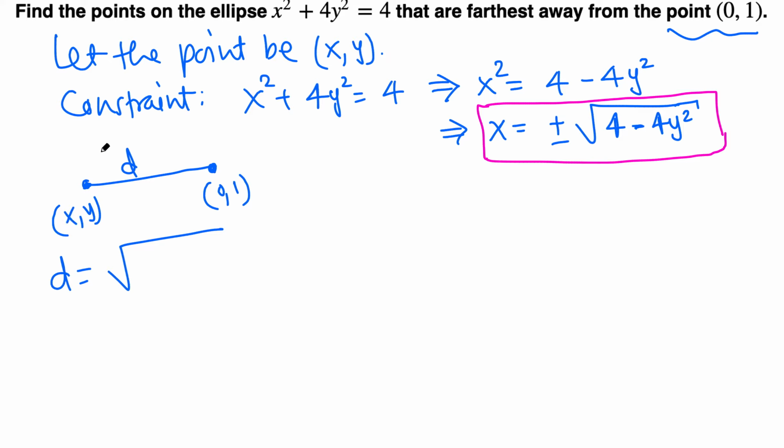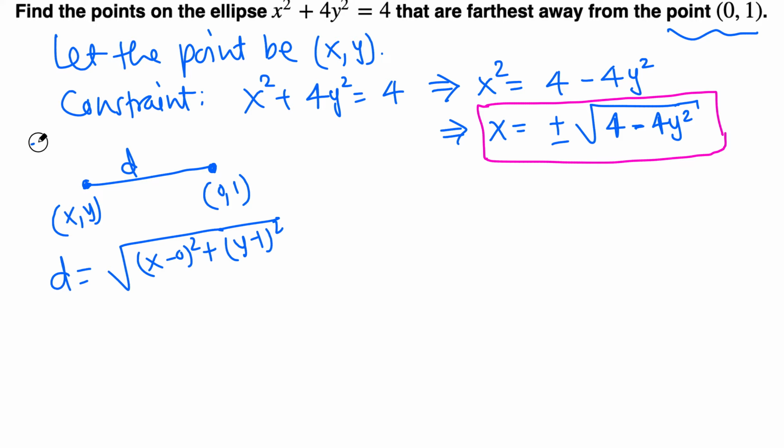Or we can think x minus 0 square is the same thing, plus y minus 1 square. Okay, this is the distance between these 2 points, and we want to maximize this. So instead of maximizing this distance, because it involves square root, how about writing the inside and maximize this?